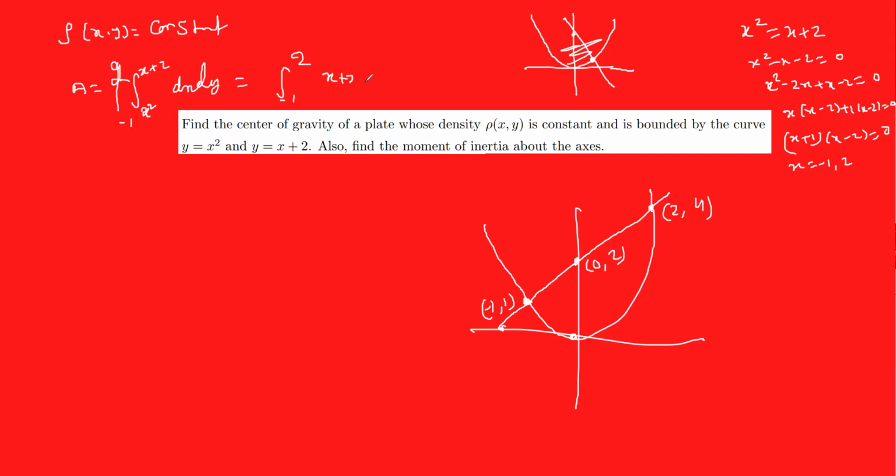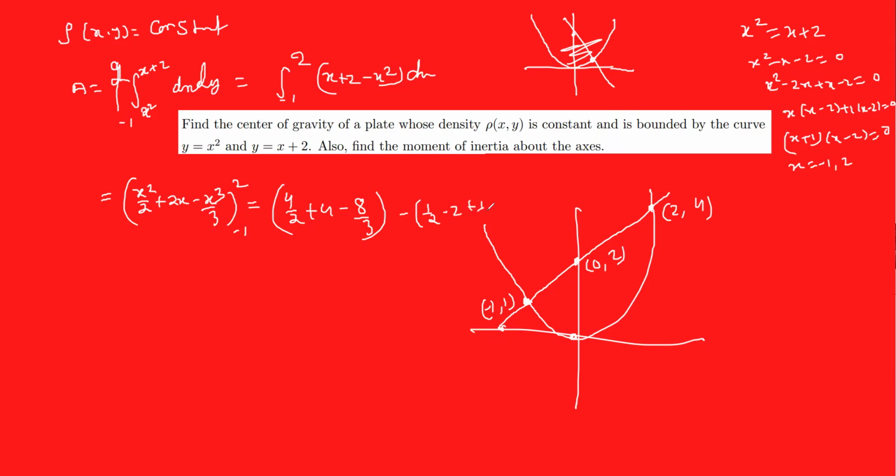And this is x plus 2 minus x squared. 4 by 2 plus 4, 8 by 3, 1 by 2 minus 2 plus 1 by 3. Right. 9 by 2. 9 by 2 is the area.